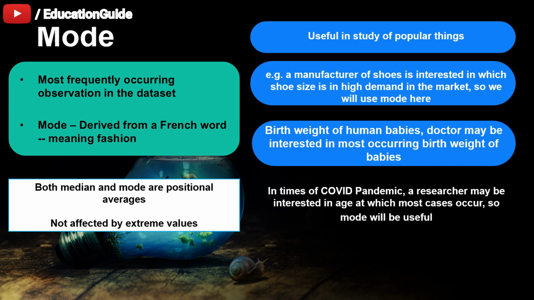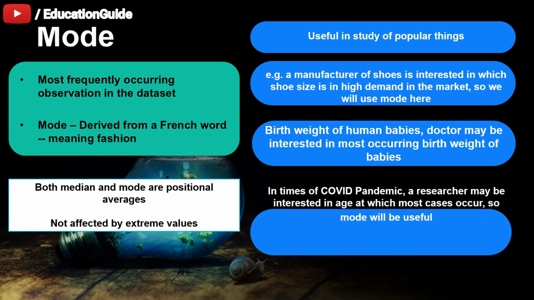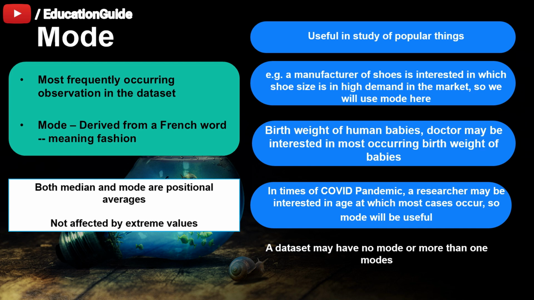Similarly, in case of birth weight of human babies, a doctor may be interested in the most occurring birth weight of babies. In terms of the COVID pandemic, a researcher may be interested in the age at which most cases occur. So mode will be useful.